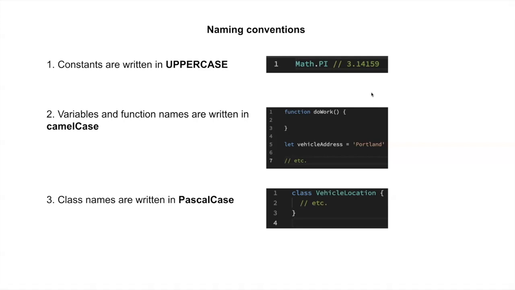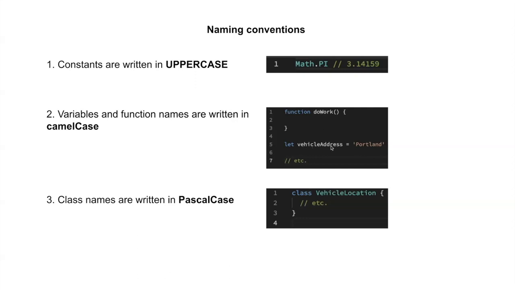For example, doWork, right? We have two words, and we're trying to compose a name of a function. So in camel case, the letter D of the word do will be lowercase, and then starting with the second word, the first letter of each word will be uppercase.